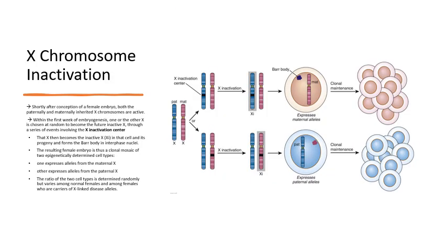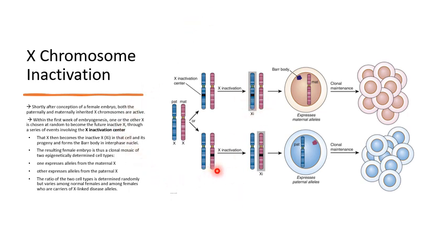And the last example I will mention here about the monoallelic expression is the X chromosome inactivation. We know that shortly after conception, in the female embryo, both the paternally and maternally inherited X chromosomes will be active. However, within the first weeks of embryogenesis, one or the other X is chosen at random to become further inactive, through a series of events involving the X inactivation center.